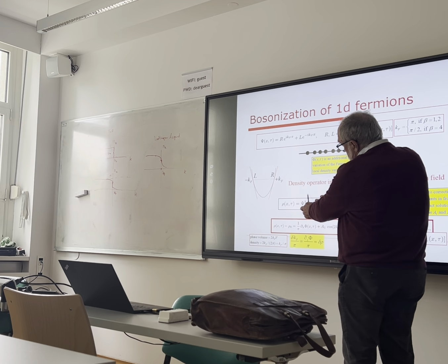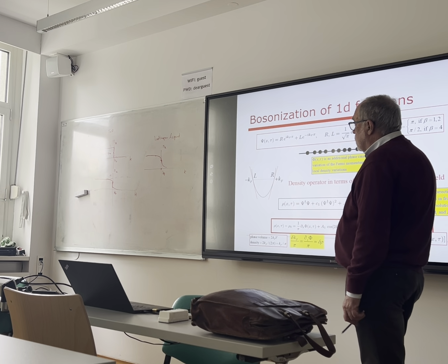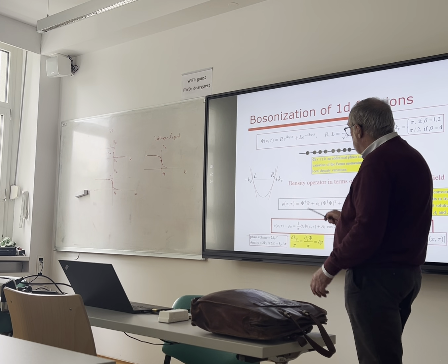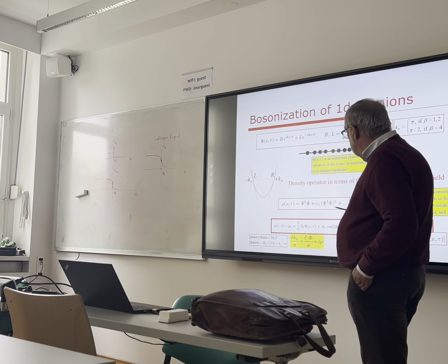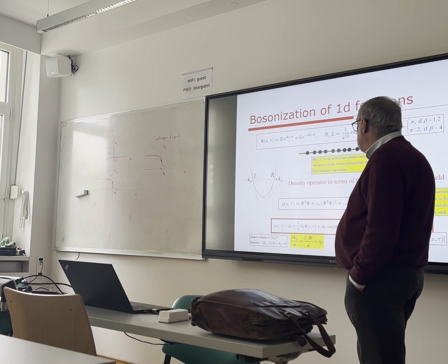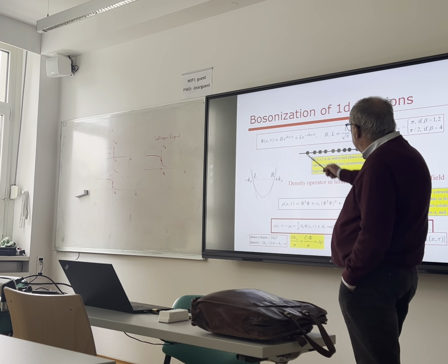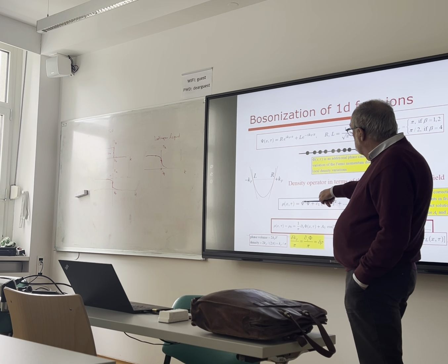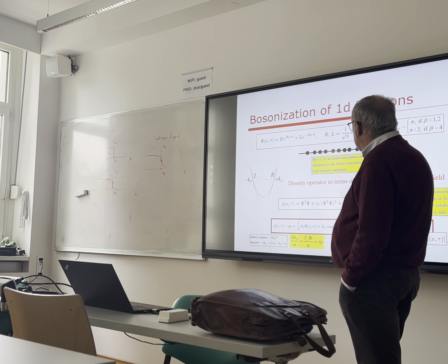So this is the canonical form of the density in terms of the fermionic field. I will explain this. So what I have to do is plug this relationship to here, and then I will get the following.